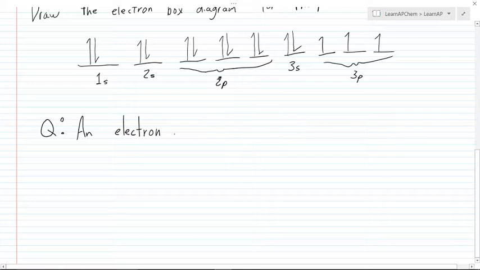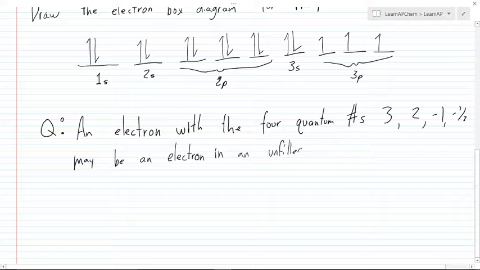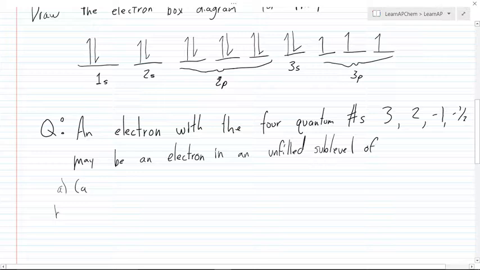An electron with the 4 quantum numbers 3, 2, -1, -1/2 may be an electron in an unfilled sublevel of, and then we have the options calcium, iron, aluminum, and silver.